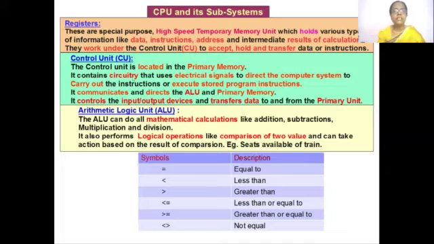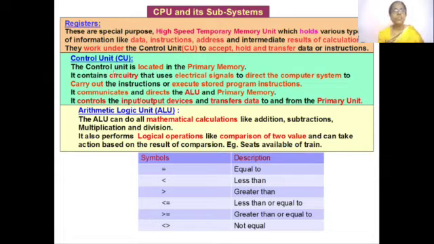It contains circuitry that uses electrical signals to direct the computer system. So the control unit is the most important part in the CPU. It's doing all the controlling. They work under the control unit. The control unit helps it to accept, hold, and transfer data because it has to give the instructions.